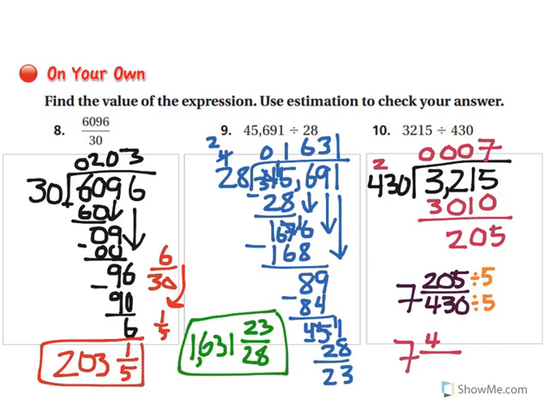And then it goes into 5 1 time, so 41. 5 goes into 43 8 times, because 8 times 5 is 40. So it goes in 8 times, and I'm left with 30 left over. 30 divided by 5 is 6.